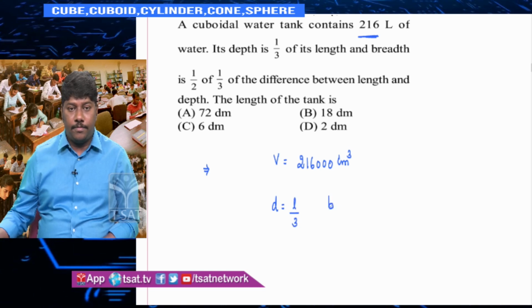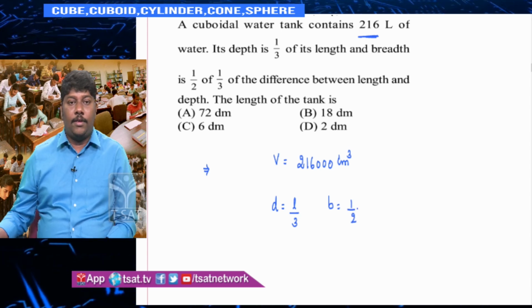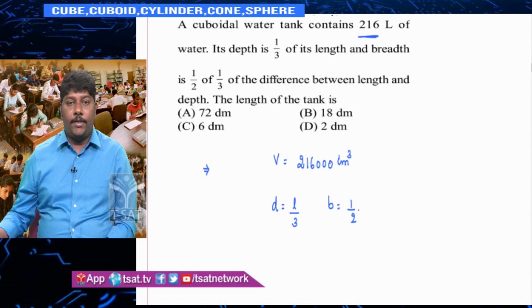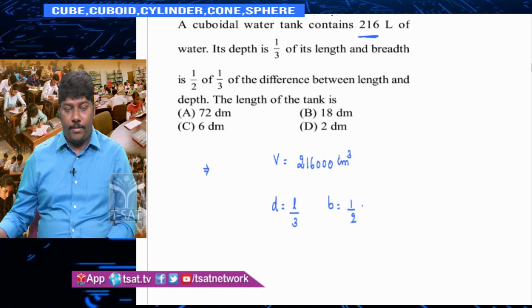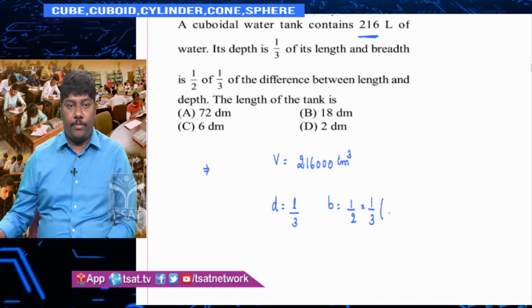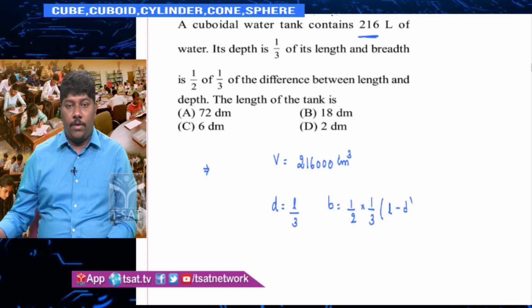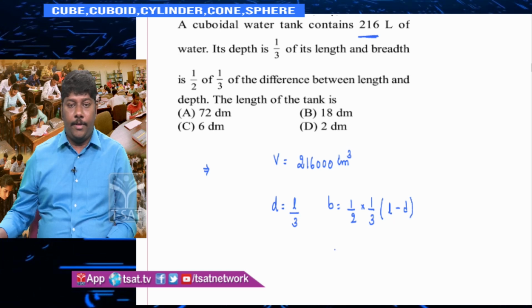Breadth is half of 1/3 of the difference between length and depth. Where depth is clearly given.